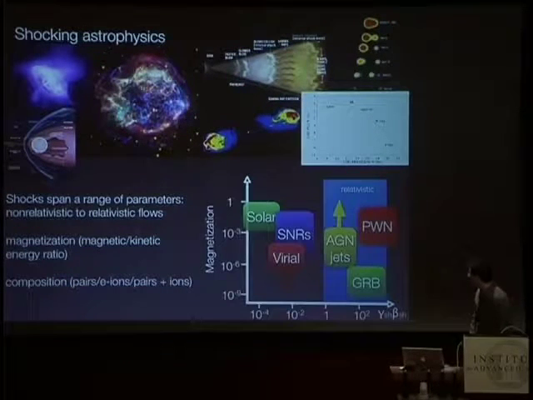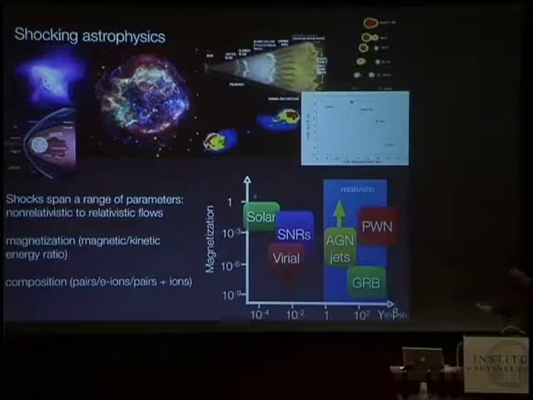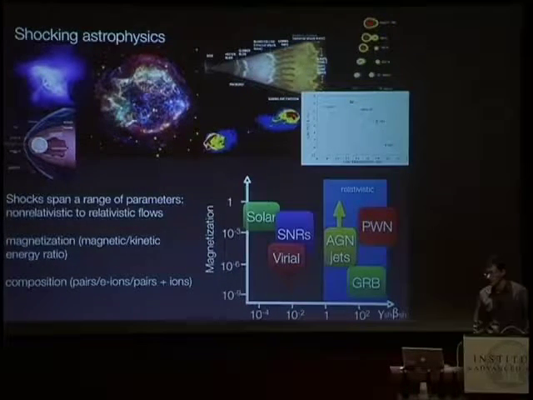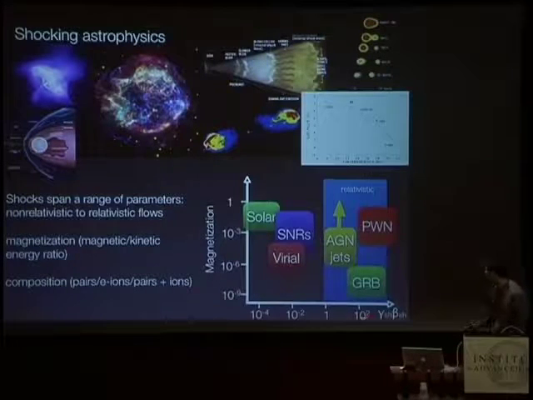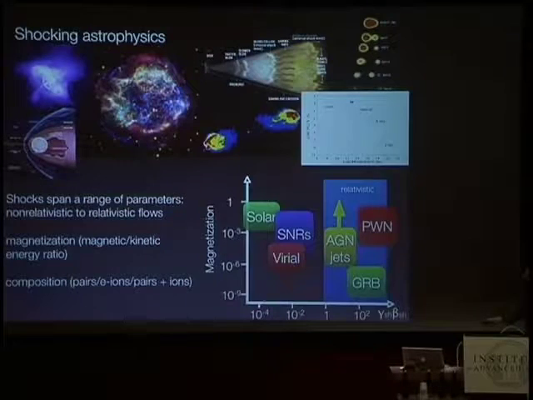And one way to show this is using this type of a diagram where on this axis I'm plotting the velocity of a shock. So this is gamma of a shock times v over c of the shock. And it goes from non-relativistic ones, 10 to the minus 4 here, up to mildly relativistic ones to fairly relativistic ones. And these acronyms here, so this is the solar wind shocks, supernova remnants.